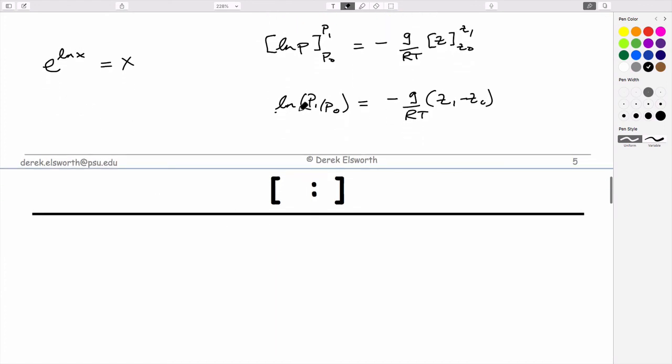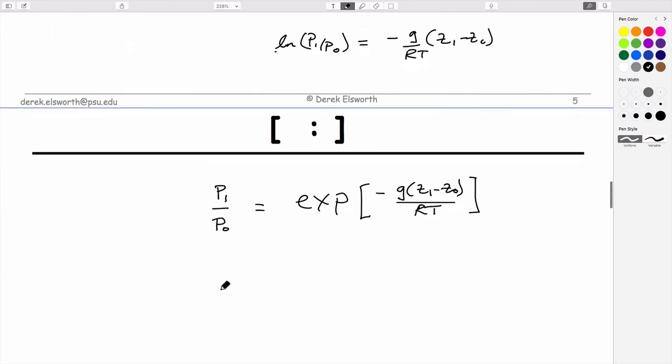And if now we exponentiate this, we end up with P1 over P0 is equal to the exponential of this whole term, minus G, the elevation change, which we have to be mindful of doing the right sign convention, divided by the gas constant.